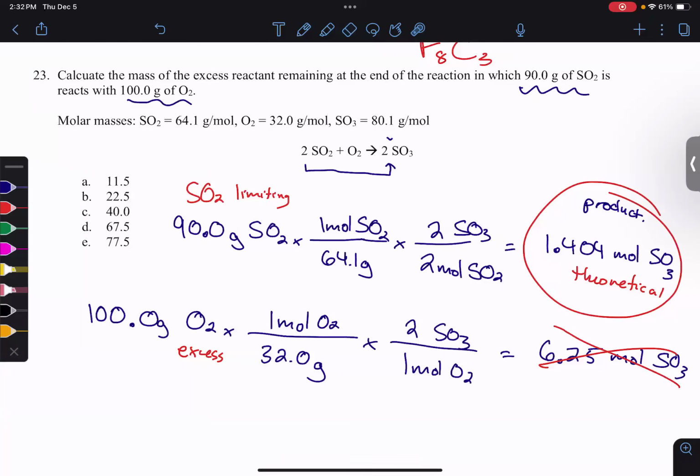All right, we just determined that if all of the SO2 reacts, that's our limiting reactant, to make our yield. So instead of taking all the SO2 and going to product, I'm just gonna say, if all of the SO2 reacts, how much O2 do I consume?